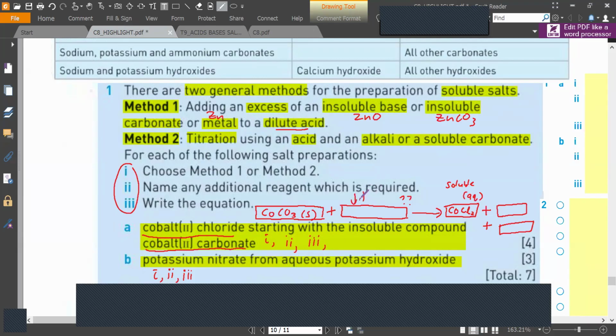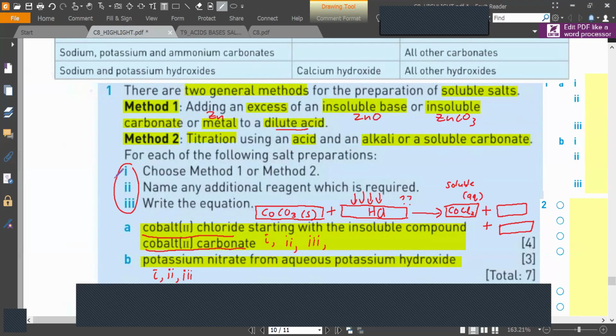Hydrochloric acid. Yes, HCl. We will put the HCl.